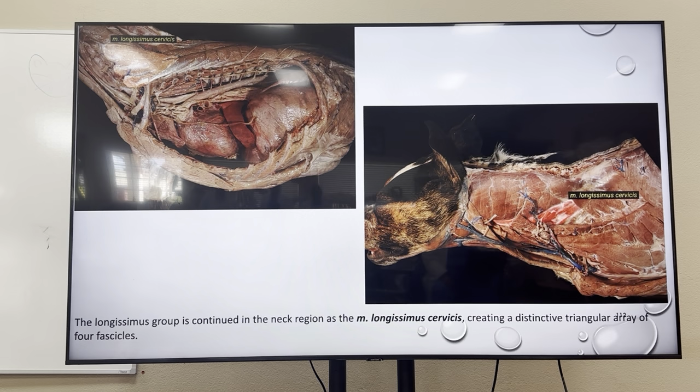So we have seen the longissimus muscle around the thoracolumbar region, and here we have the longissimus muscle around the neck region, or the cervical region. This is triangular in shape, and it has about 4 muscle fascicles.